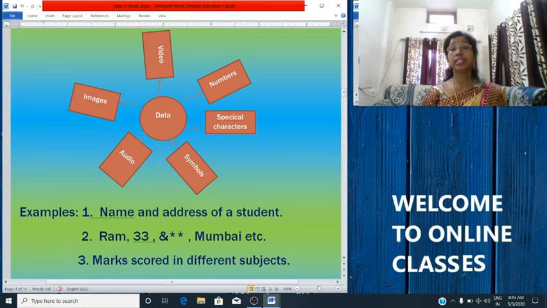The image can be transferred into the computer through a scanner. Now, to give an audio clip, we will be using a microphone. And for video, we will use a camera. So these are the input devices we use to give data to the computer.